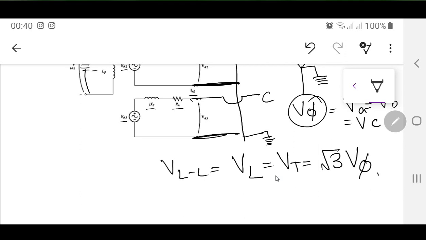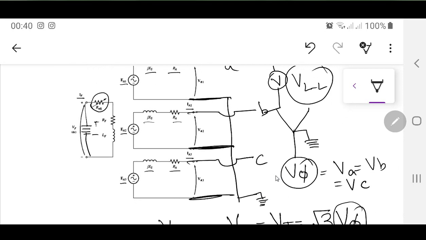This is very important. These symbols are normally used for the line to line voltages, but if the symbol used in any expression or problem is V phase, this is simply single phase. This is the same expression which you already know, that is V line to line is equal to root 3 V phase.